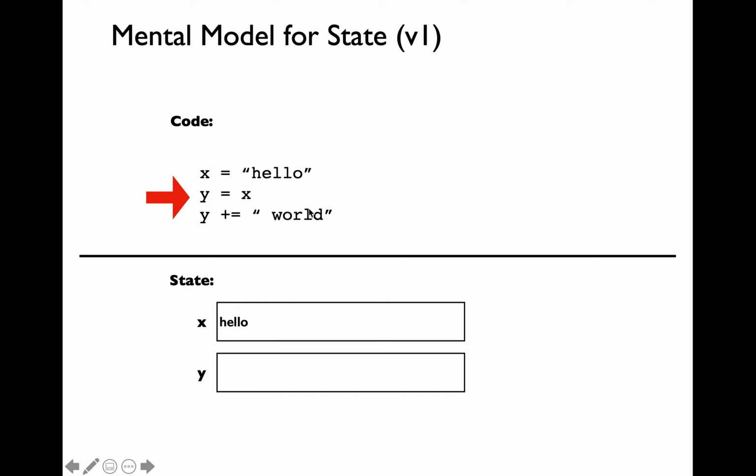That's going to make us write down the value hello into the x variable box here. Line 2 is saying y equal to x, which is now going to make us write down the value hello into the y variable box. Line 3 is saying y plus equal to string space world. We are now going to update the value within the y variable box as hello space world.